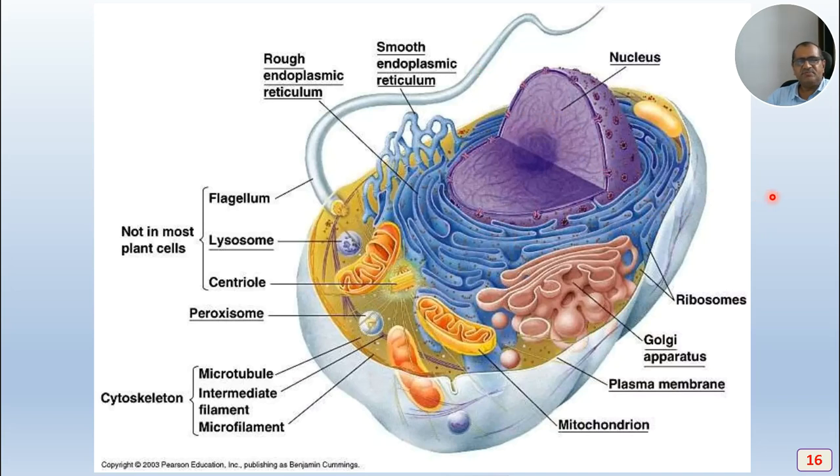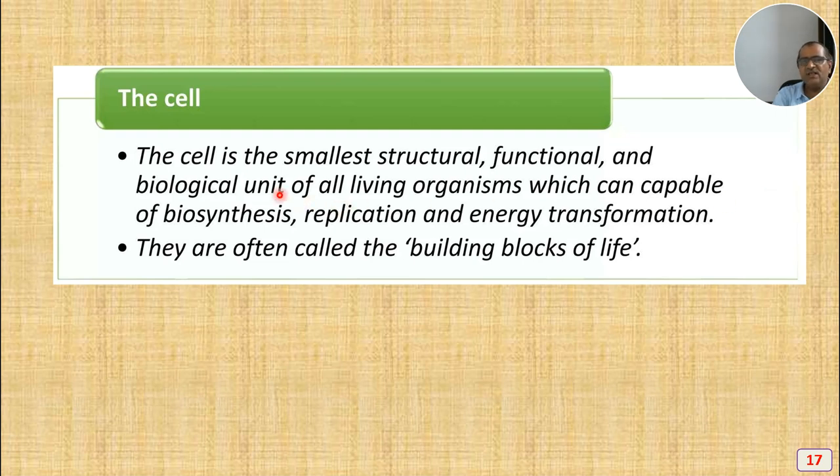Whereas the other structures inside the cell, and the cell is defined as the smallest structural, functional, and biological unit of a living organism. So there are varieties of cells, and it is the most basic functional unit of the body of any mammal or organism, or also most of the plants.